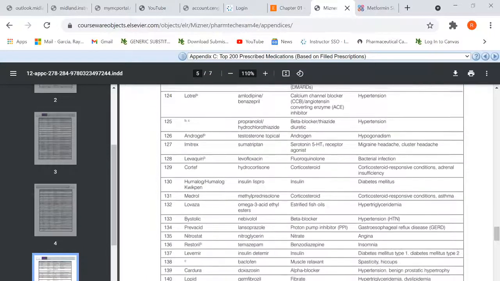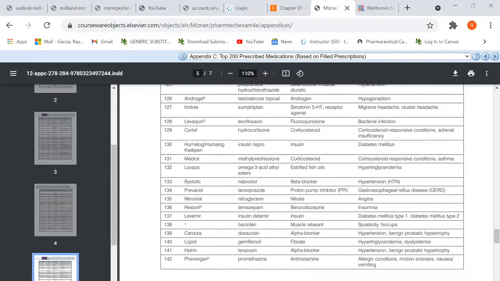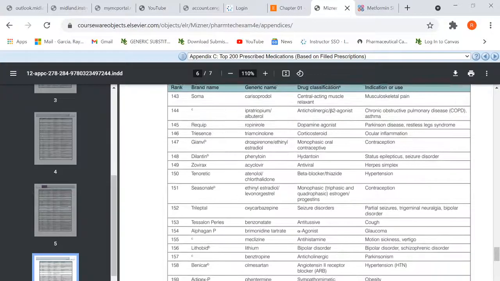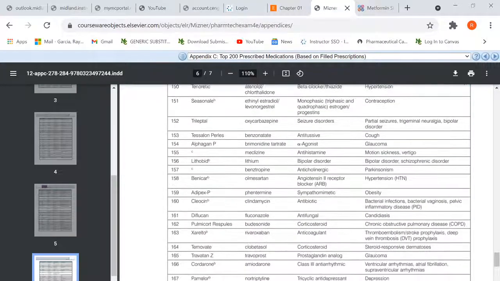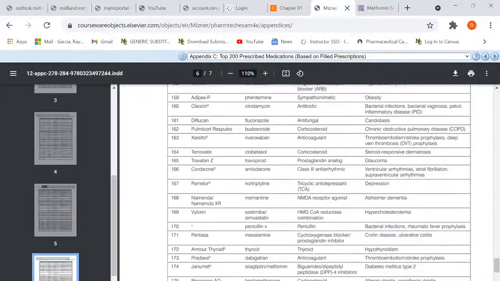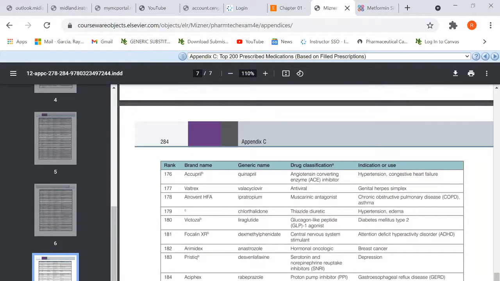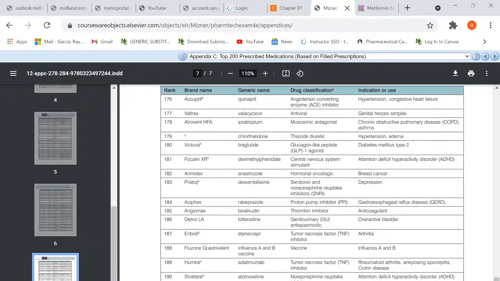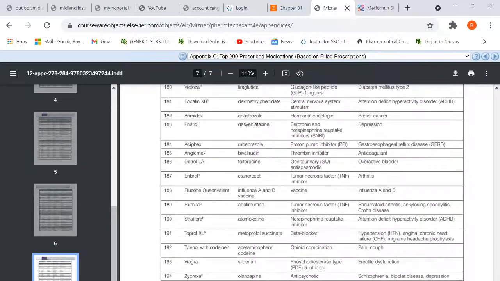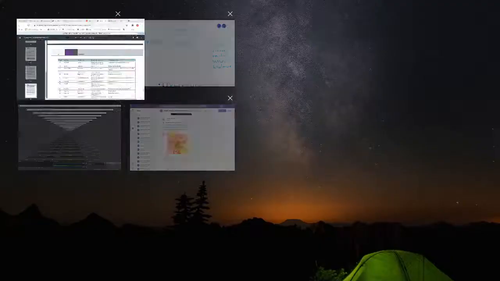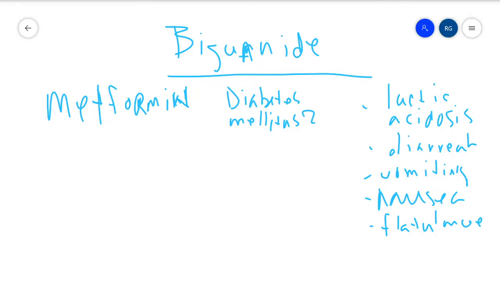That might be the only one. It looks like the only one. So we only have one to remember in biguanide. That's good, right? So we got metformin.